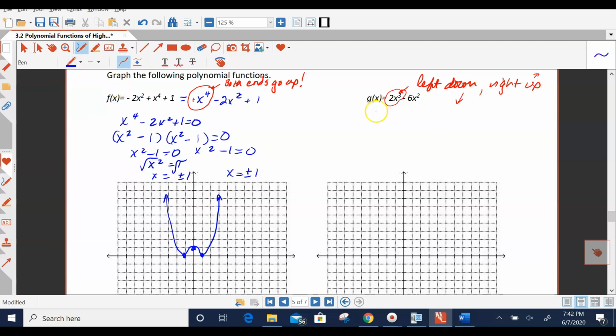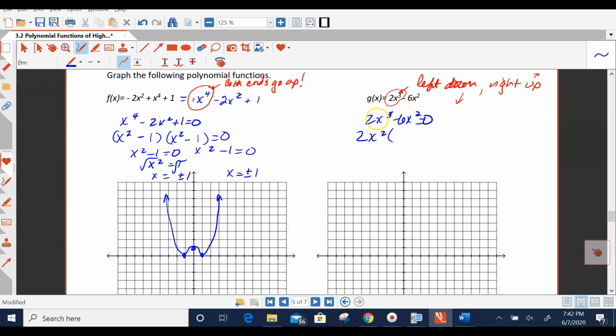So let's set that function equal to 0. All right, so 2x cubed minus 6x squared. And let's factor. I notice there's an x squared common to both of those terms, and there's a 2 that's common.